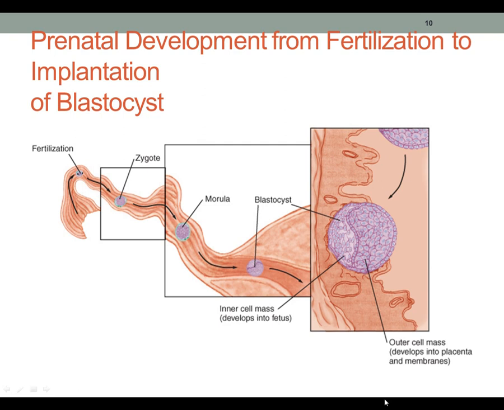And at this time, some women have a small amount of bleeding, and they mistake that for their period. So they don't think they're pregnant. They just think they had a light period. But that's very normal to have that light bleeding, so that's why the woman may not think she's pregnant.